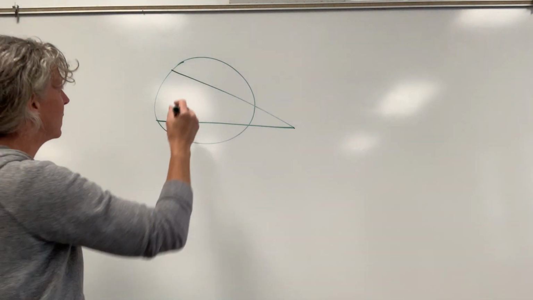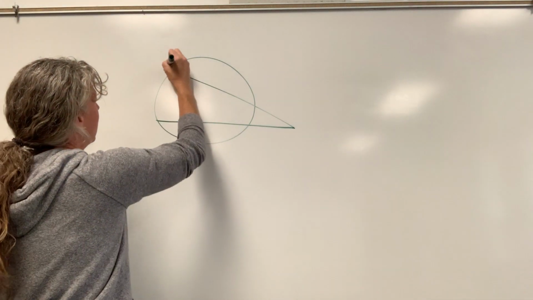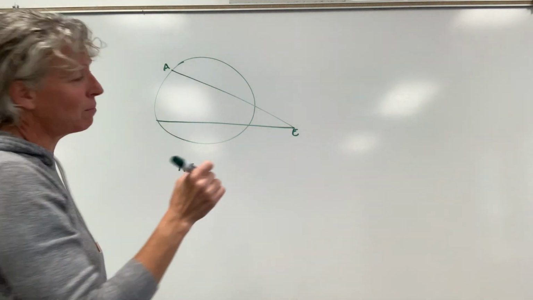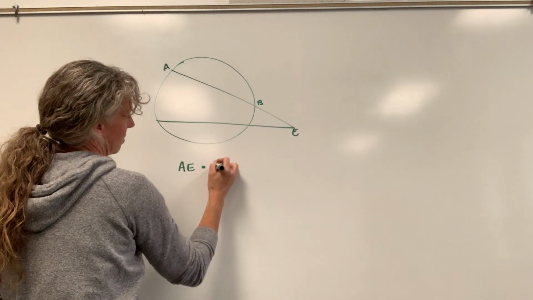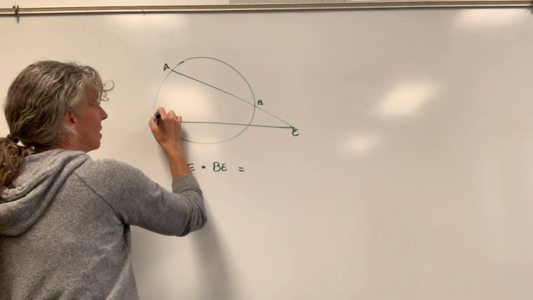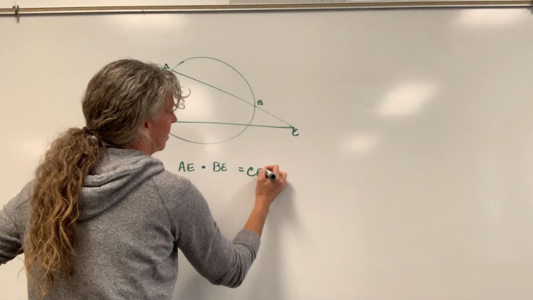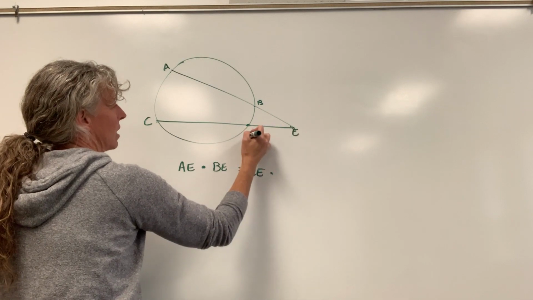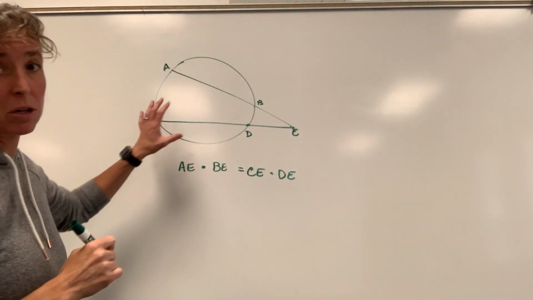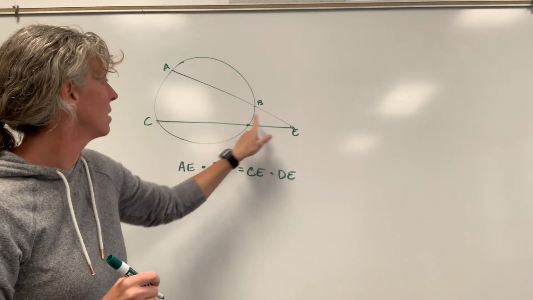So for this one, the rule is the entire length, which in this picture is A to E, the entire length AE, times the outside portion equals this entire thing, which is CE, times, you guessed it, this little portion right here, which probably is a D. So the rule for this one, when you have a picture that looks like this, is this whole thing times this equals this whole thing times this.